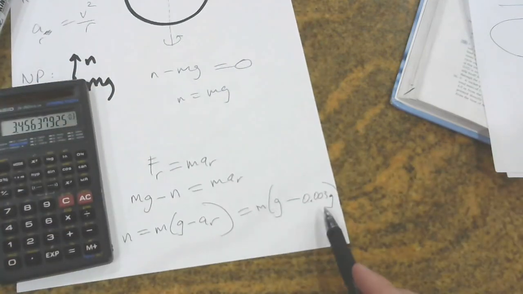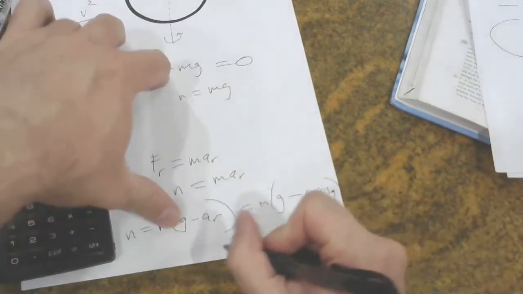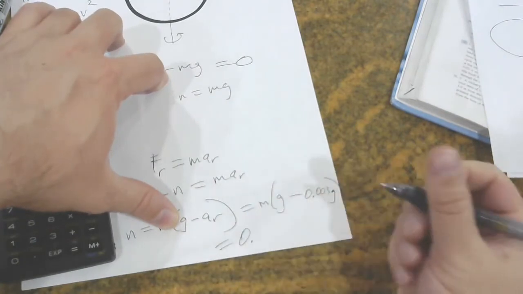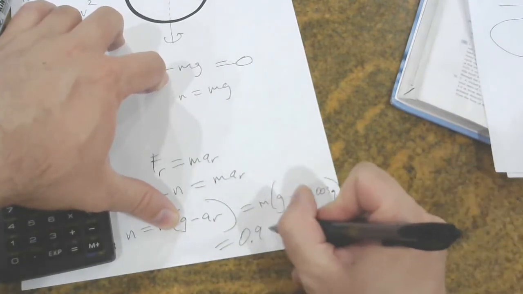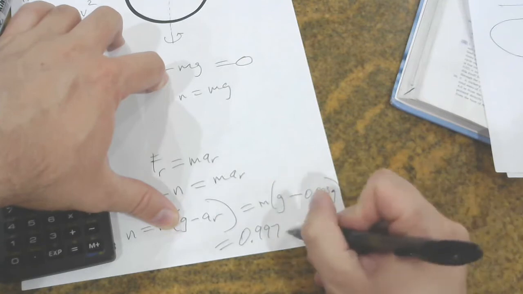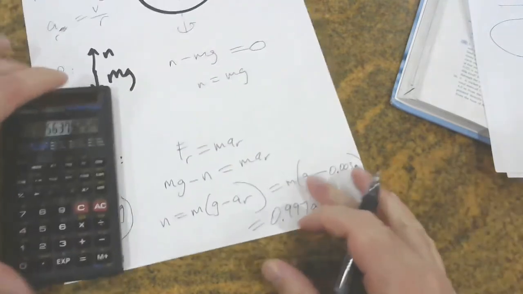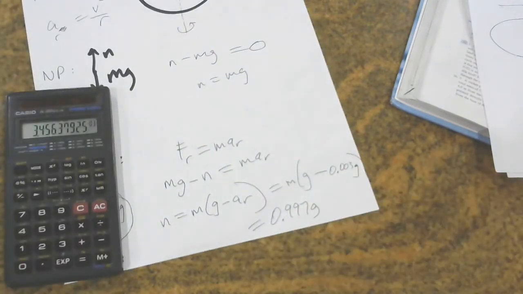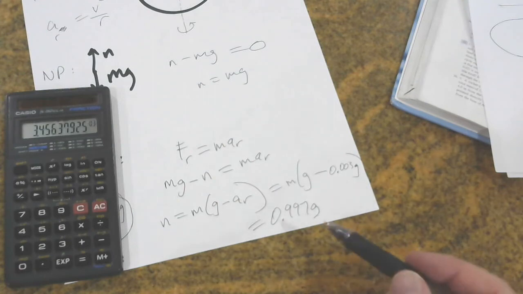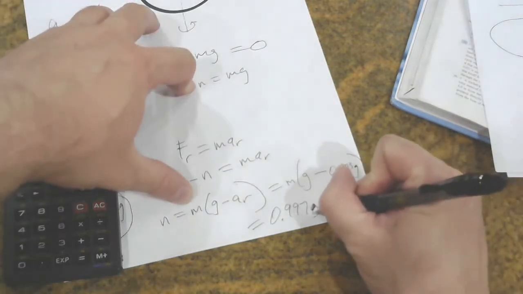Well, what's 1 minus 3/1000ths? Wouldn't that be 0.997 g? I sure hope I did that right, or that would be embarrassing. So, whoops, forgot the mg.